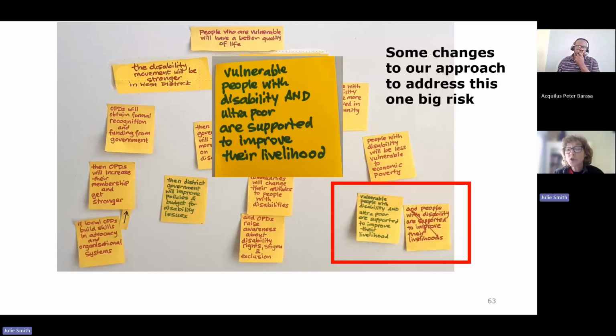Well, you're still going to talk to government, but it's a risk that you're going to track. And so that goes into your risk matrix. So this brings your risk matrix to life with the real risks that you track as you are managing the process. So what you can see here is when you start to write your project design, you've already thought about a lot of the risks.